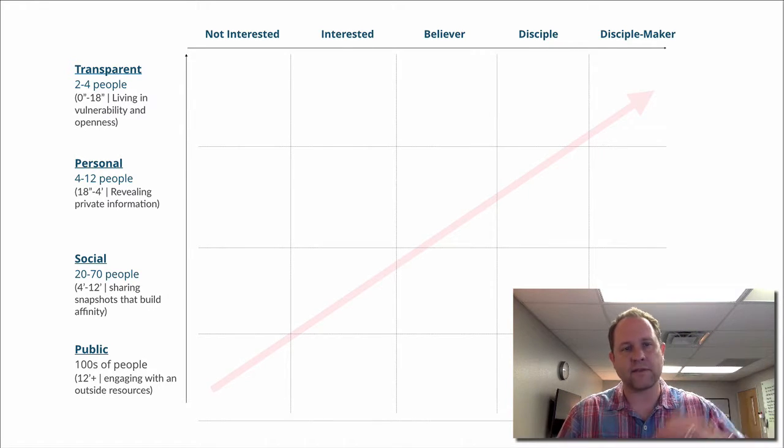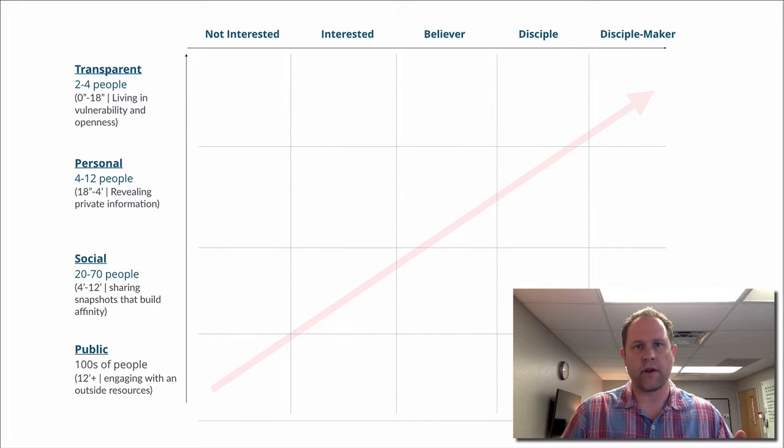Down the vertical axis, you see transparent, personal, social, and public. These are four stages from a field of study called Proxemics. Proxemics is the social science study of how we relate to one another in different public spheres, all the way to more intimate settings, interpersonally.